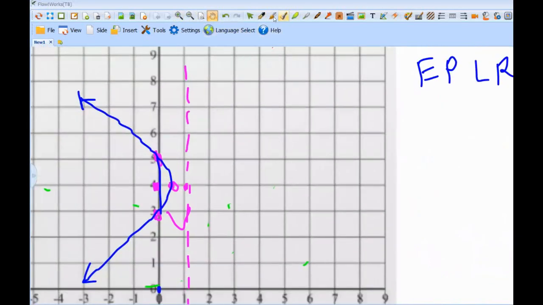Yes, so this is the focus. This is our vertex. These are our endpoints, 0, 5 and 0, 3. This is 0, 4. And the vertex is at half, 4.